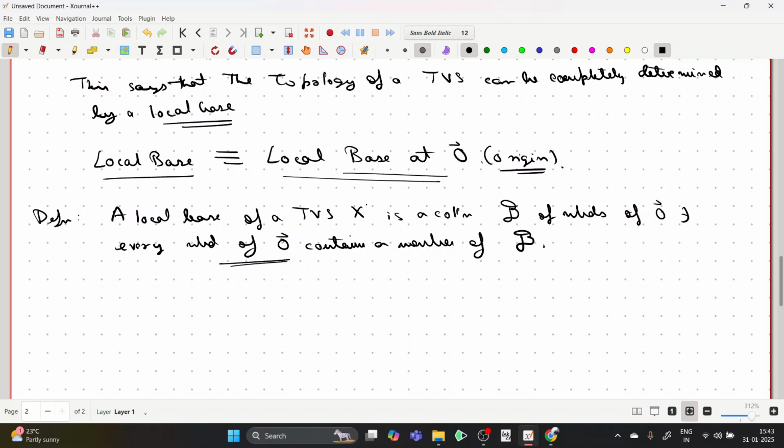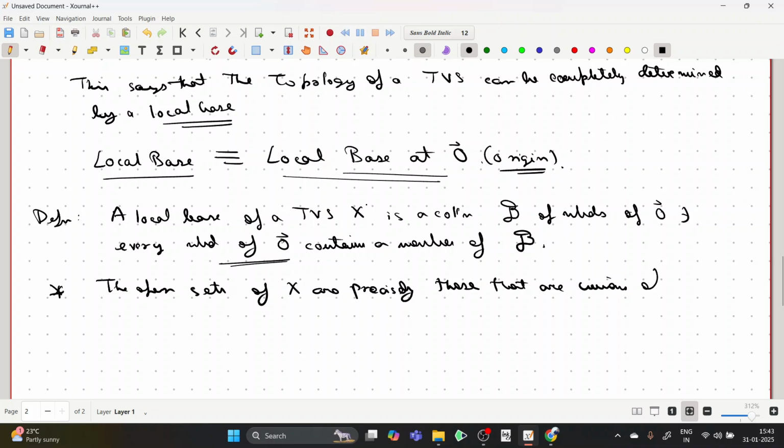One more point which we can immediately add is that the open sets of X are precisely those that are unions of translates of members of script B. This somewhat comes from the concept of a topology, because we know that given an open set, I can cover it using an arbitrary union of open sets, but here we have the notion that any open set can be derived from a local base.